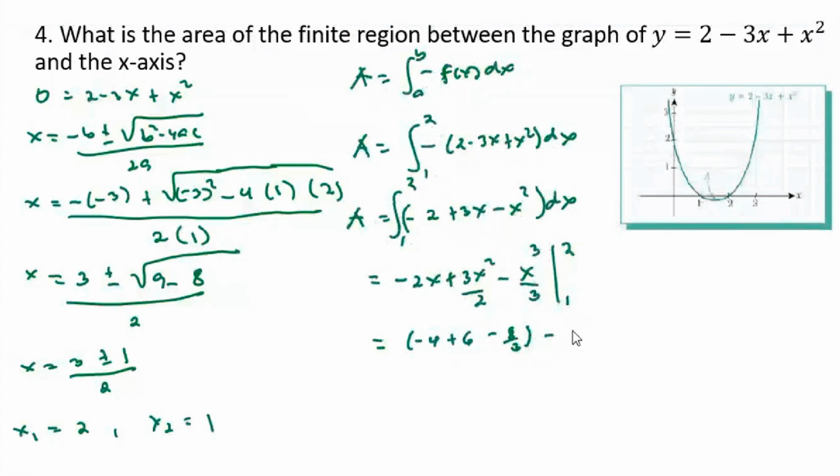Minus the lower limit, we have negative 2 times 1 is negative 2, and then 1 squared is 1 times 3 halves, plus 3 halves, minus 1 cubed over 3, which is just 1 over 3. Simplifying that will give us the value of 1 over 6.